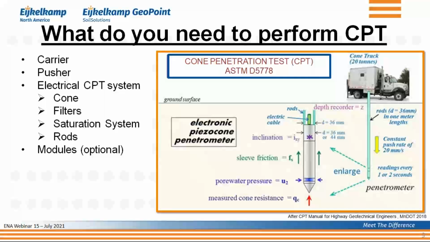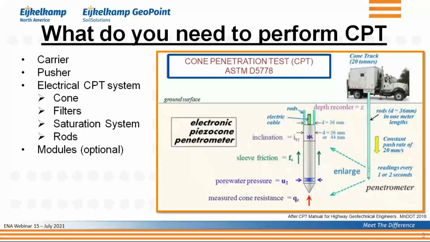Then what you see listed on the left-hand side is what you need to perform CPT. Obviously, you need a carrier, you need a pusher, then you need this electrical CPT system, the cones, the filters for the pore pressure sensor, potentially modules. And then the question comes up, well, Gerald, on the one hand, you say that it's standardized, but there's a 10-ton pusher or a 20-ton pusher, or sometimes even more than that.